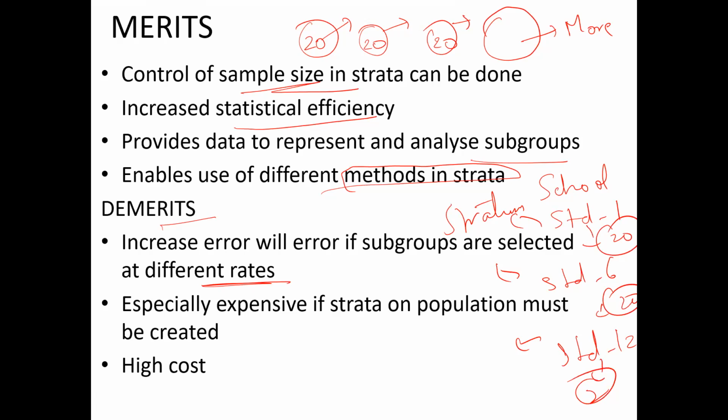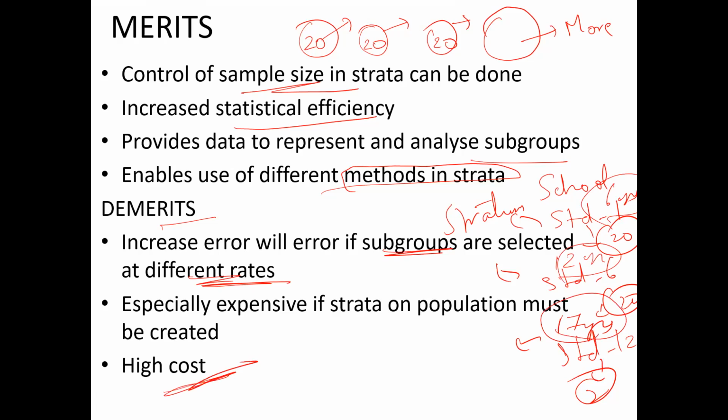Now what happens? The subgroups are of different rates. Standard 1 is nearly 6 years old, for example. This is nearly 12 years old, for example, and this is nearly 17 years old, for example. So when they are different rates, this might be an important issue.